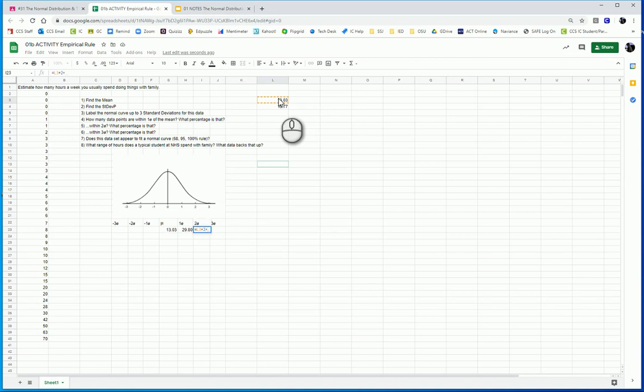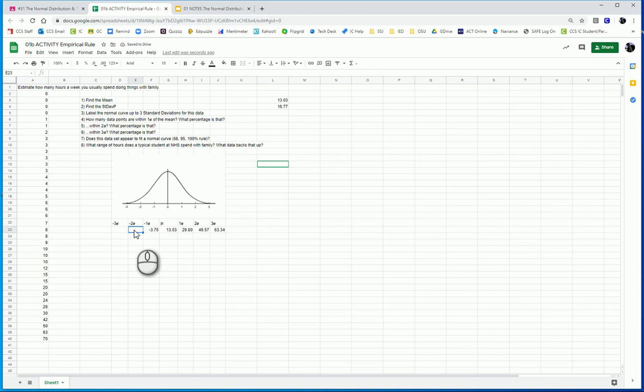Star means multiply, so 2 times L4. And then the same thing for 3, so that would be equals L3 plus 3 star L4. Boom. So there we are labeled that way. And then if we want to go the other way, it would be L3 minus L4 because we're going down.